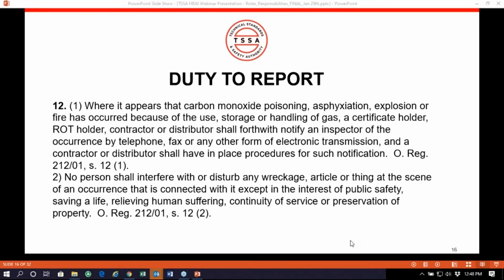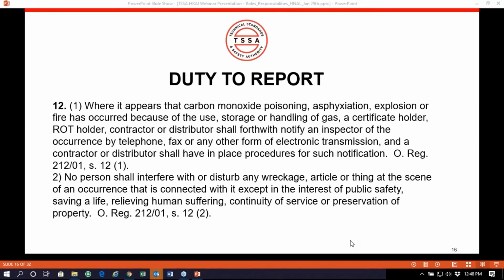So this next area I want to get into is the duty to report. This is when you are involved in or encounter an incident such as carbon monoxide poisoning, asphyxiation, explosion, or fire, that has occurred because of the use or storage or handling of a gas.